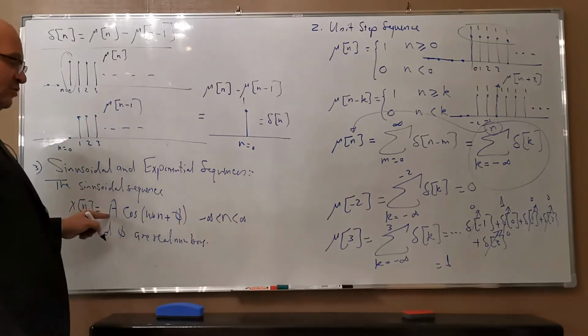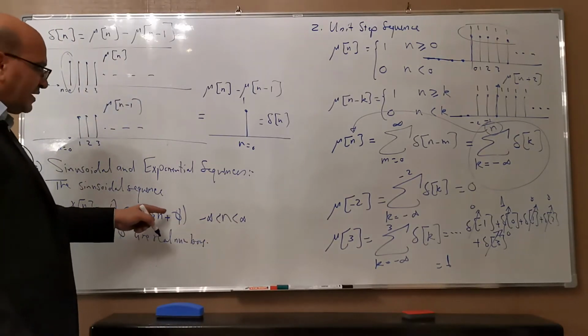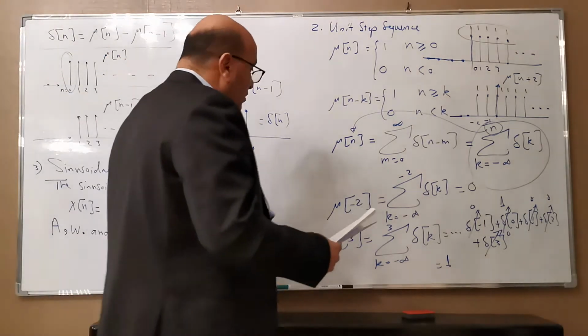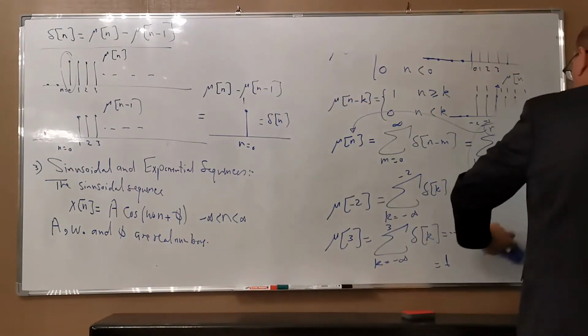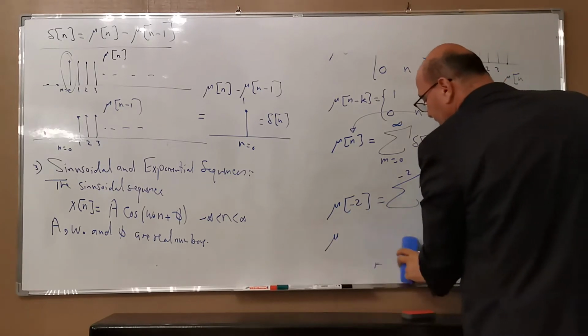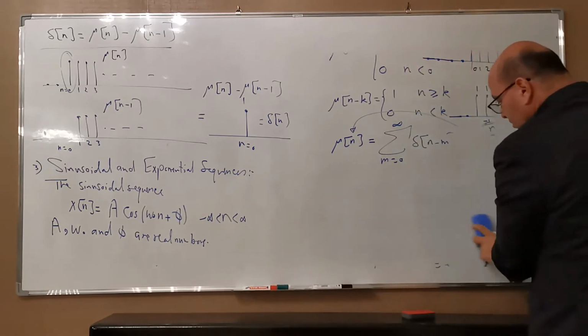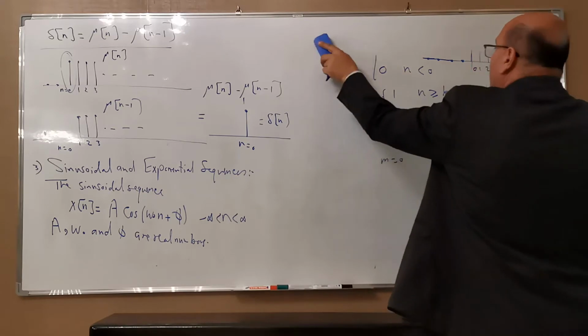A is the amplitude, omega 0 is the frequency, and phi is the phase shift. We know this from previous courses in signals and systems and from circuits also.